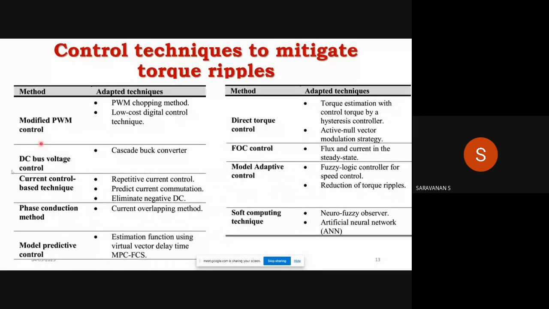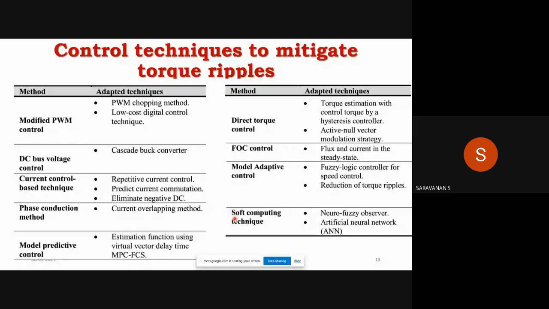And then DC bus voltage control, current control based technique, phase conduction method, model predictive control, direct torque control, FOC control, model adaptive control, and soft computing technique. These are some of the methods used for mitigating torque ripples, particularly for permanent magnet BLDC motors.